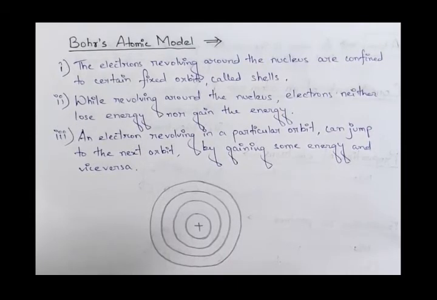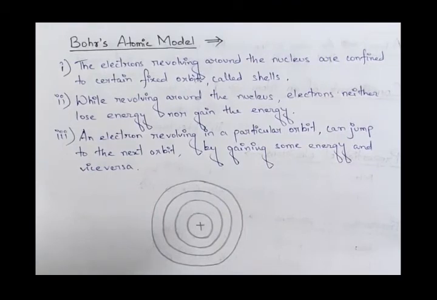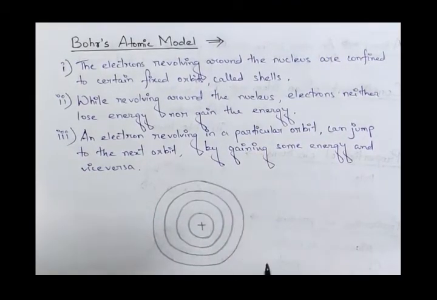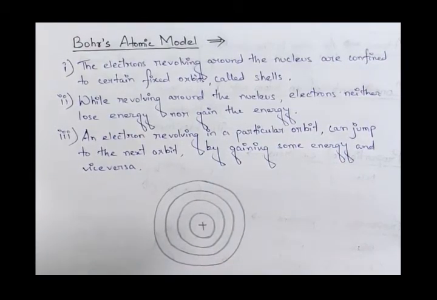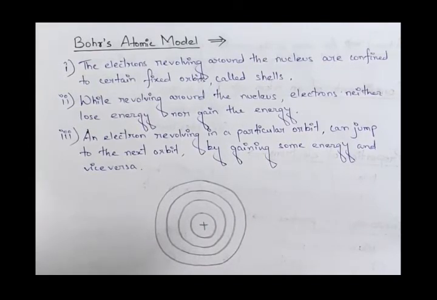Now, according to Bohr, these shells have a fixed amount of energy. So he also called them the energy levels. Clear? So these shells are also called the energy levels, and each electron has a fixed energy level.